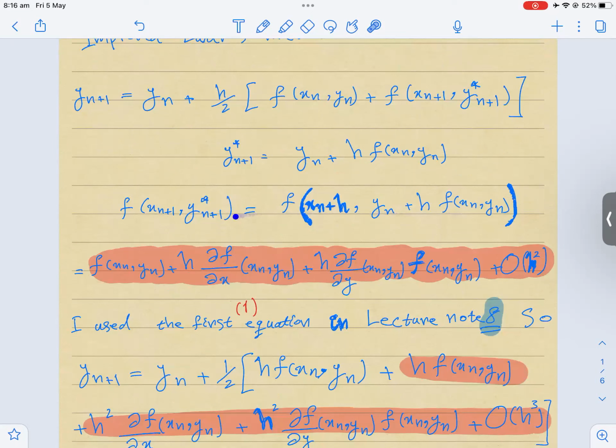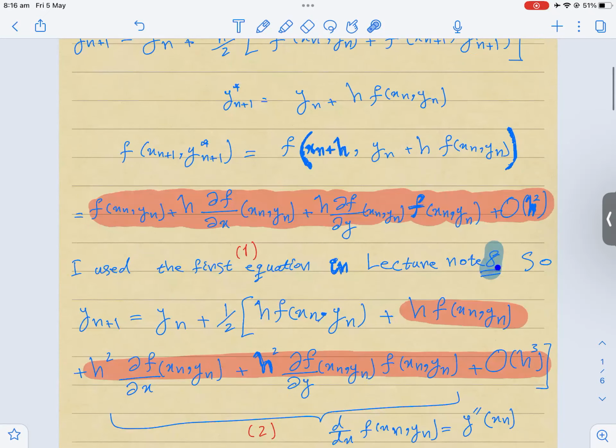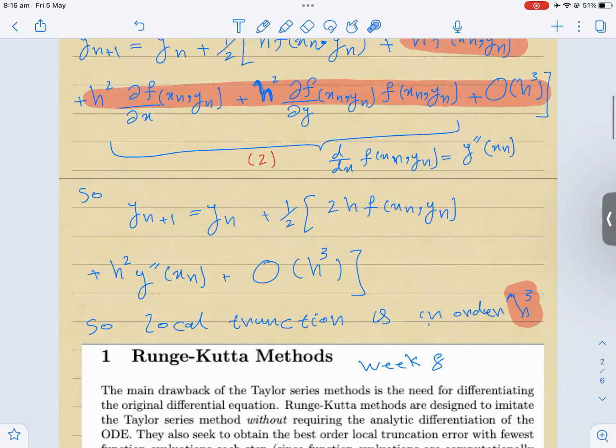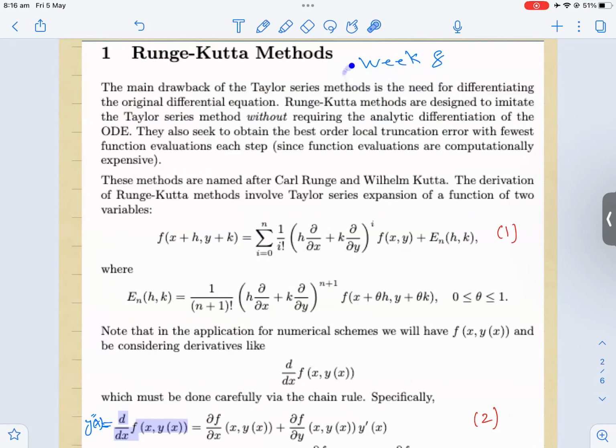If I expand this using just the zeroth term and the first term, plus O(h squared), I can use the two-dimensional Taylor series. This is coming from equation 1, lecture note 8, not the lecture slide, the course note, week 8. So question 1 is this one here.